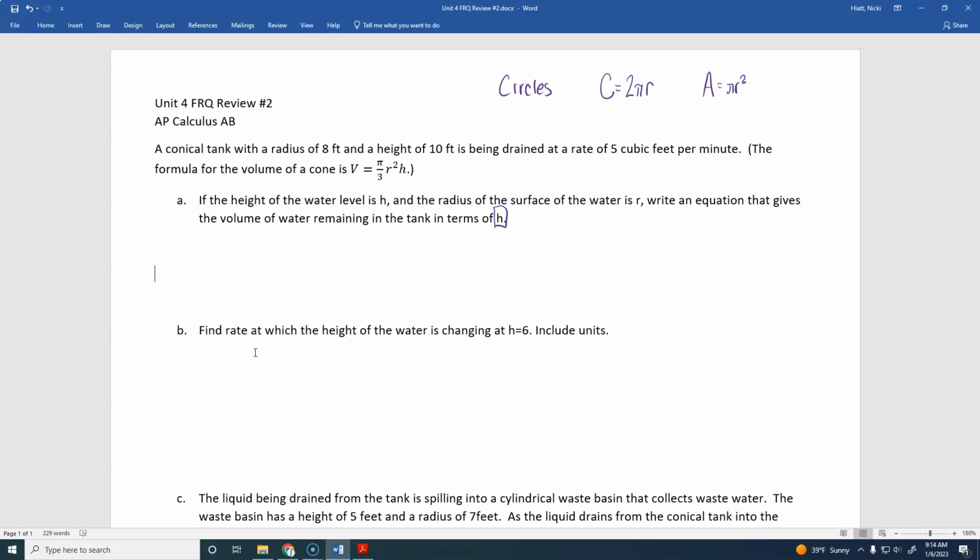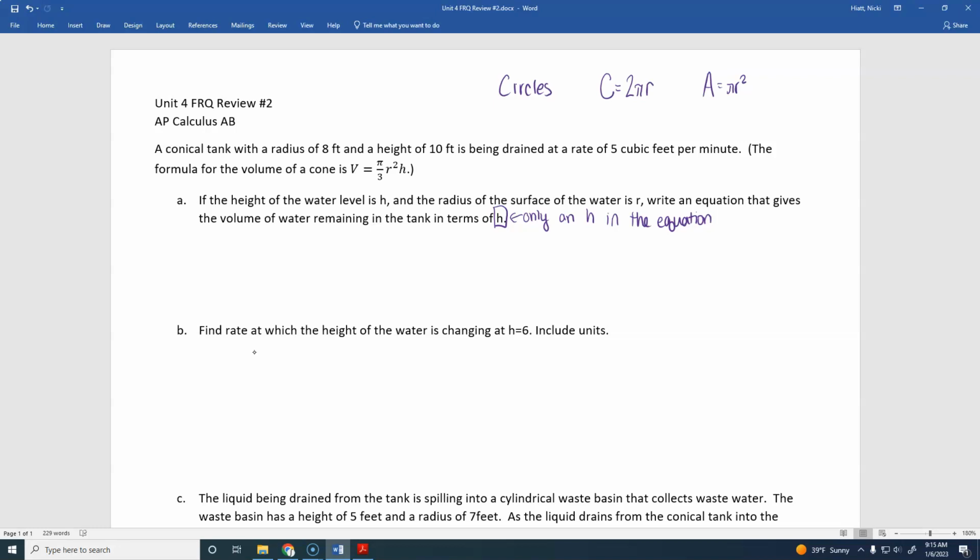But you can just circle it and draw an arrow down to B if you do that. In terms of h means only an h in the equation. That means you're getting rid of the r in the equation.